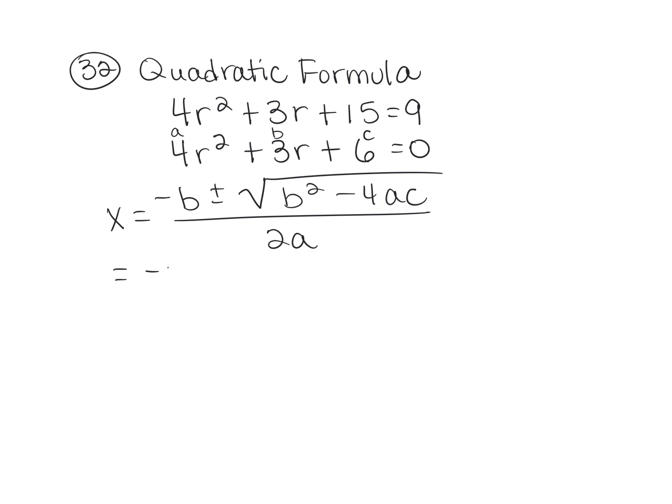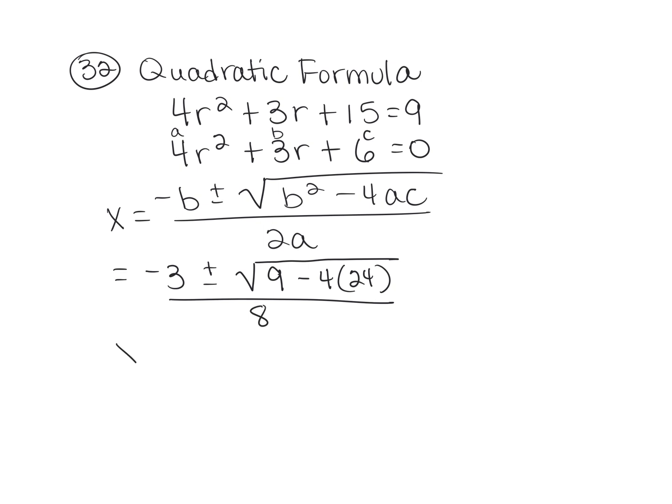So negative b would be negative 3 plus or minus, and then I take 3 and I square it, which is 9, and then I'm going to do negative 4, and then I'm going to go ahead and multiply a times c, so that gives me 24, and then I'm still dividing by 2 times a, so that would be 8.